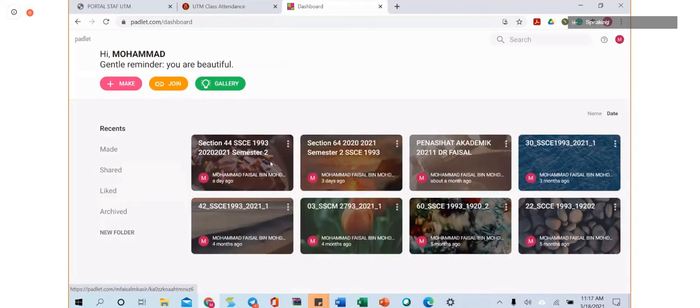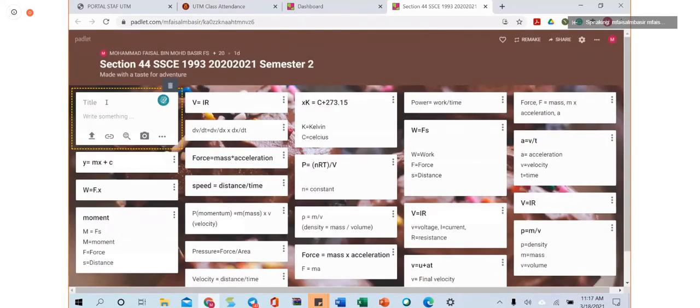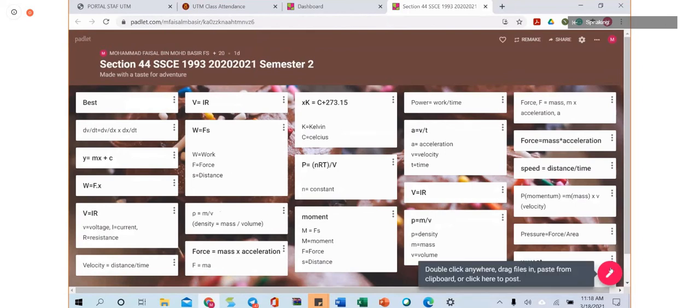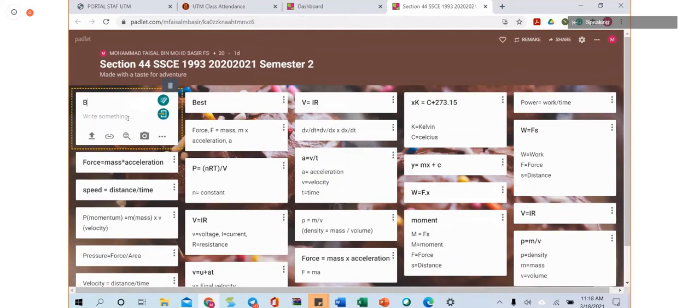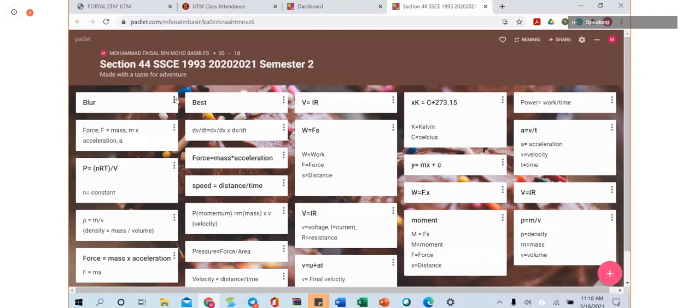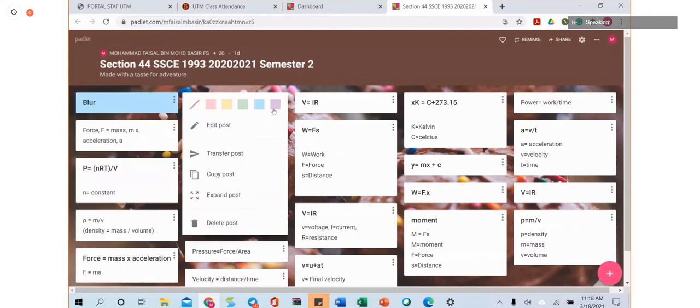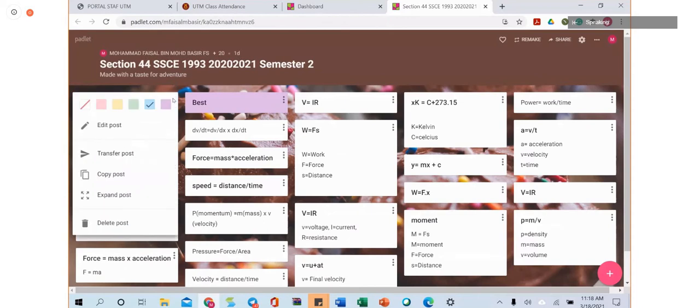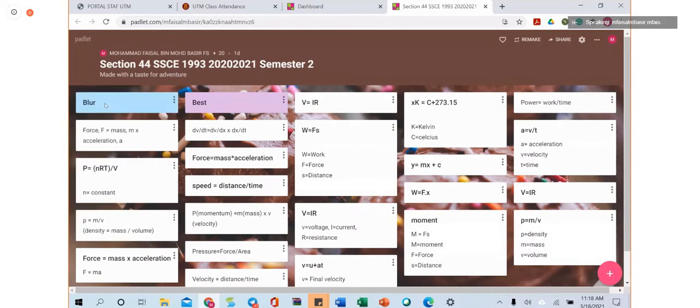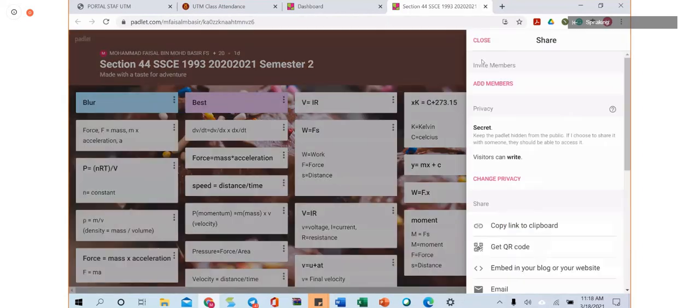Section 44. Okay, let me write best and blur. Okay, best. I think the other one should be blur. Okay, I don't know.